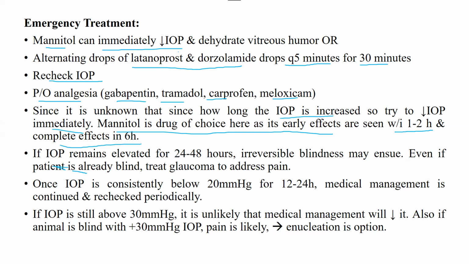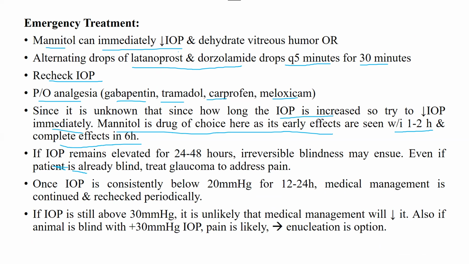That was what I was talking about: although latanoprost or dorzolamide decrease 50% of IOP, they might take more hours. But the mannitol effects are going to be there within 1 to 2 hours. So the first choice is always going to be mannitol.